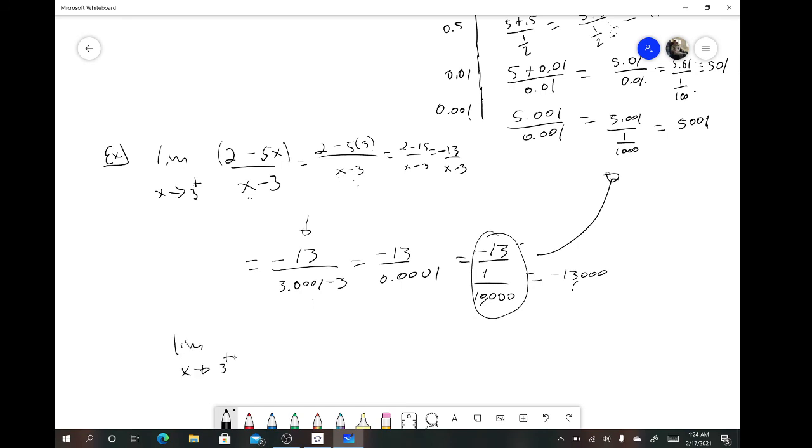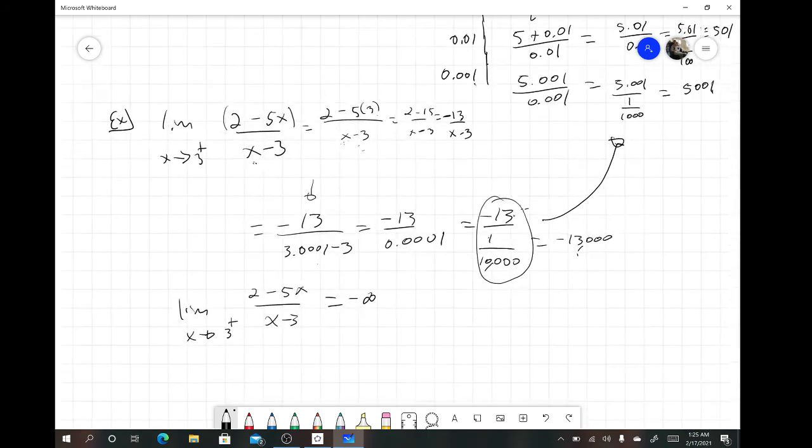The numerator is always going to be negative, no matter what value of x you put in as x goes closer and closer to 3; we're always going to get negative 13. So the limit as x goes to 3 from the right side of (2 minus 5x) over (x minus 3) is equal to negative infinity.